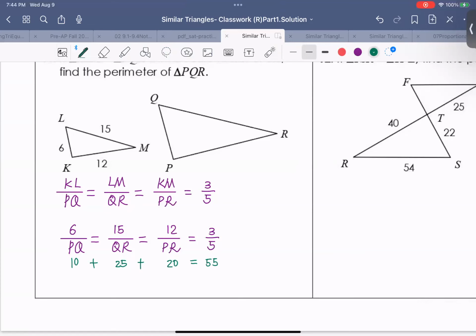So you can do another way by making this equal to KL plus LM plus KM over PQ plus QR plus PR. That makes sense. If two triangles are similar, their perimeter ratio equals the same scale factor.